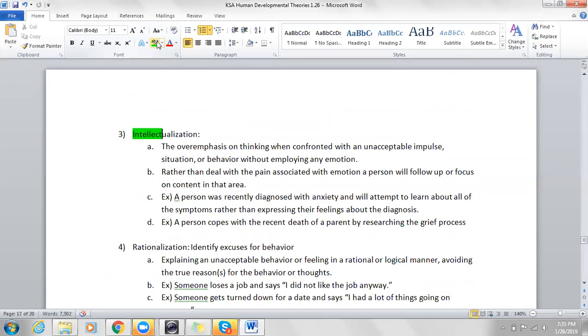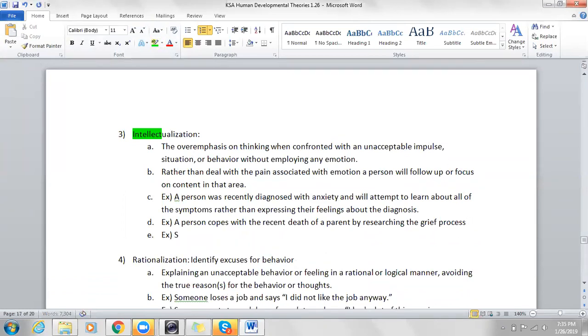Rather than dealing with pain, you'll look up and focus on that content area in particular. So an example, a person was recently diagnosed with anxiety and will learn about all of the symptoms rather than expressing their feelings about the diagnosis. Or a person copes with the recent death of a parent by reviewing the process of grief.